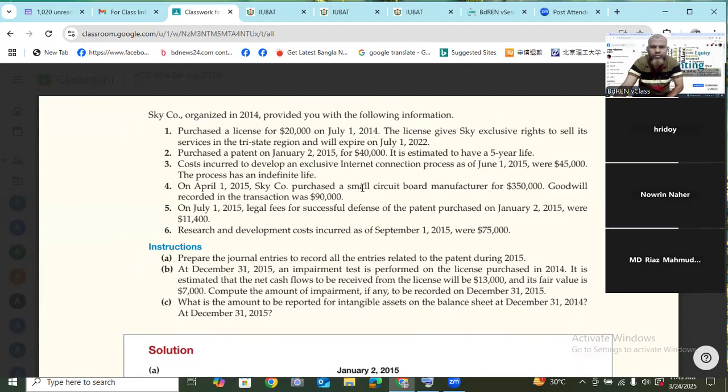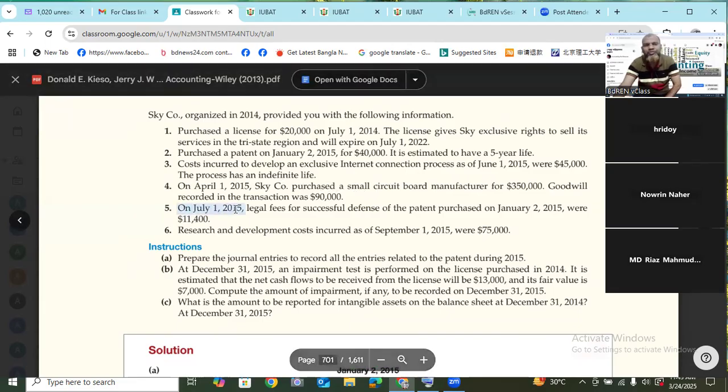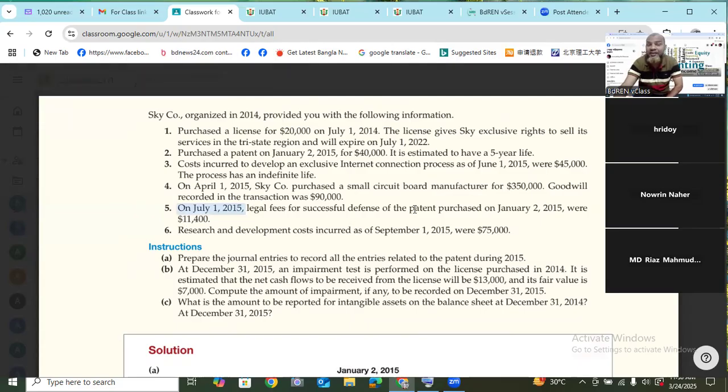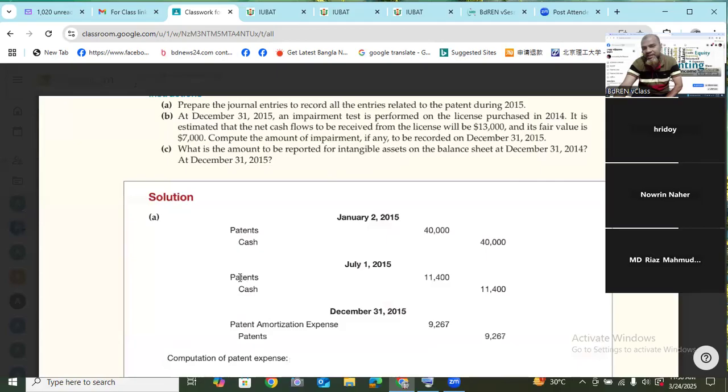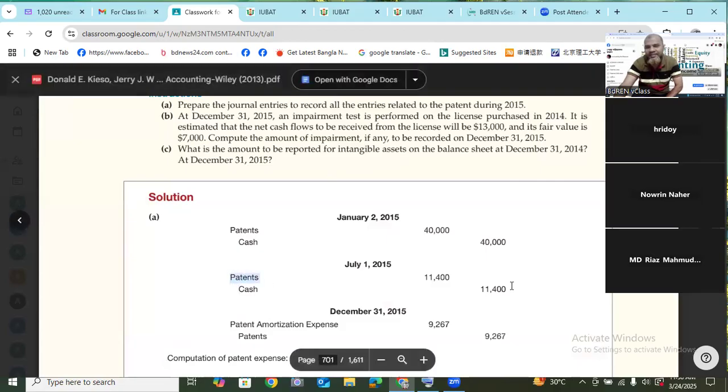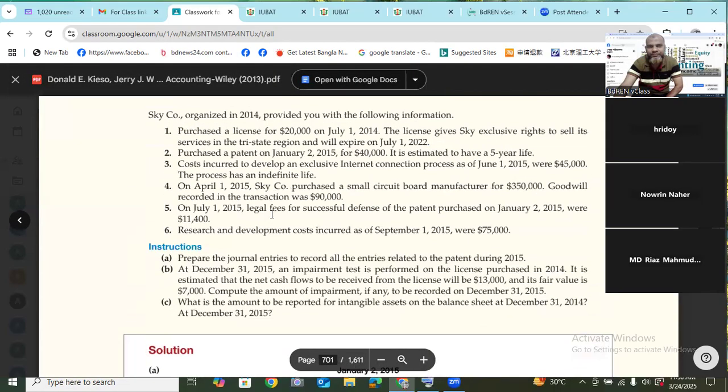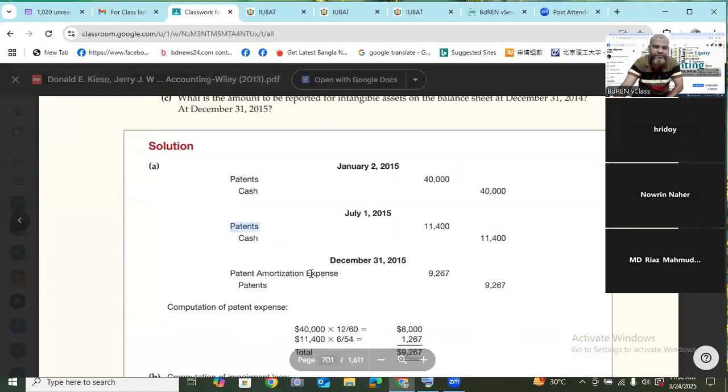No. So number 5, July 1, 2015, legal fees for successful defense of patent. This is also patent, 11,400, isn't it? Then how will the journal be? Same thing. Patent debit and cash credit 11,400. All of you understand?